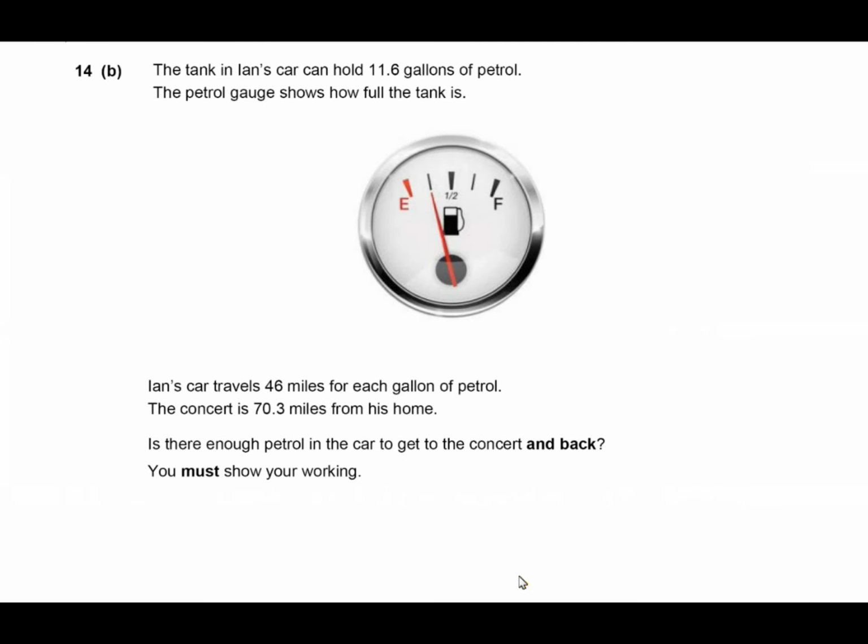Finally, question 14b. The tank in his car holds 11.6 gallons of petrol. The petrol gauge shows how full his tank is. Ian's car travels 46 miles for each gallon of petrol, and the concert is 70.3 miles from his home. Is there enough petrol in the car to get Ian to the concert and back?